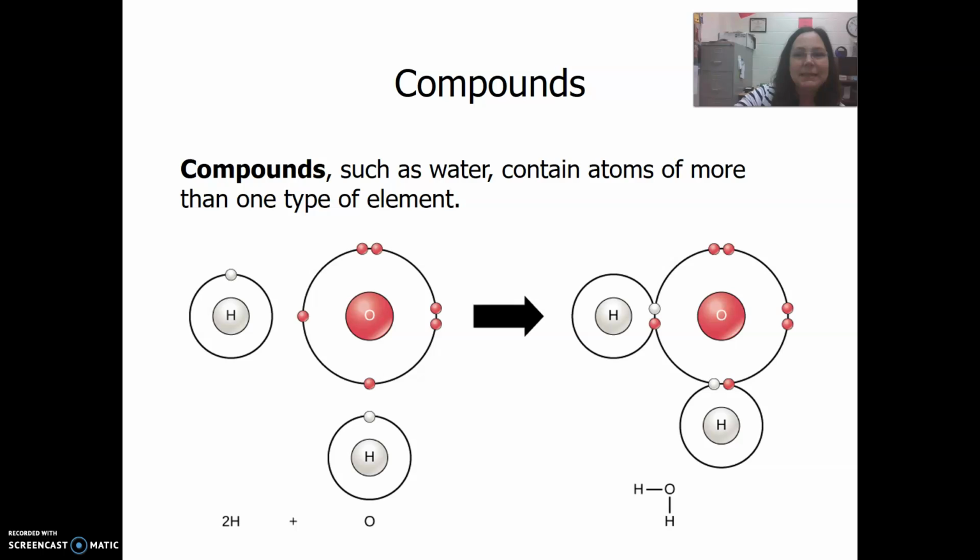So what happens is hydrogen shares an electron with oxygen. Now each hydrogen has 2. And since each hydrogen provided one electron to the oxygen by sharing, then the oxygen now has its 8. So this is an example of a compound that forms by covalent bonding.